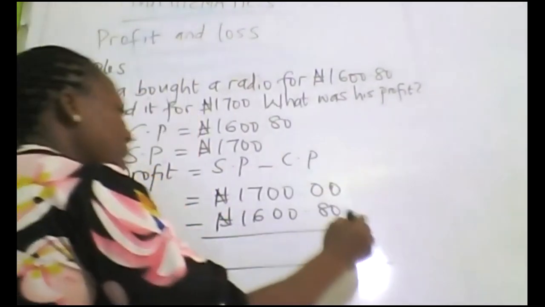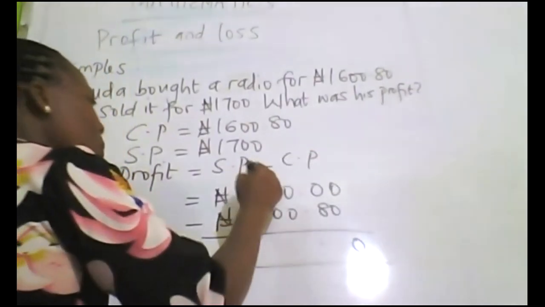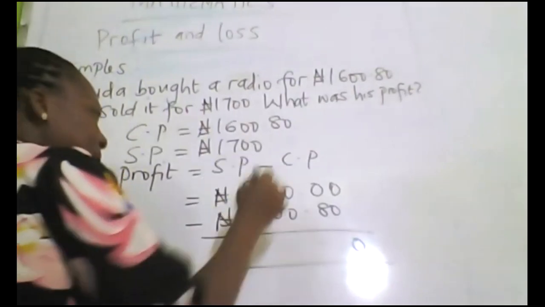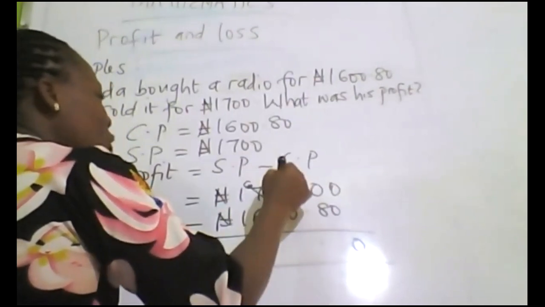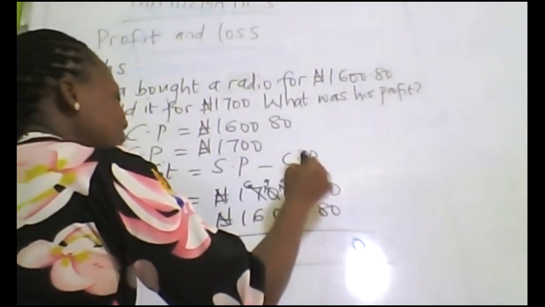0 take away 0 is 0. 0 take away 8 is not possible. I come here to borrow. Borrow from 7, it reduces to 6. This becomes 10. I borrow from it, it reduces to 9. This becomes 10. I borrow from it, it reduces to 9.